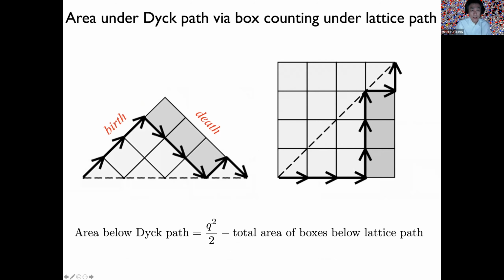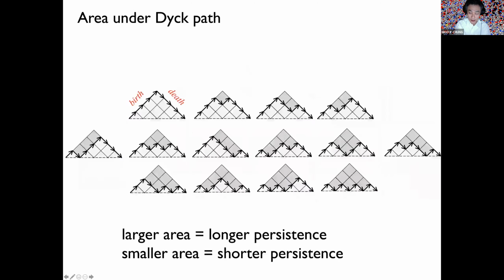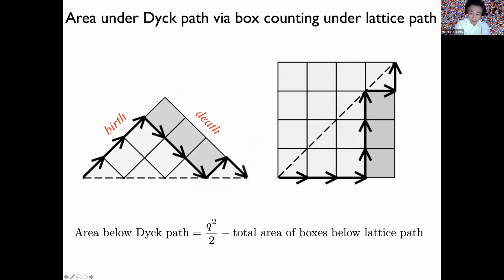So what's the area under the Dyck path? Well, look at the area under the Dyck path. Now I'm going to rotate this by 45 degrees and flip it. Then what do I get? This is called the lattice path, and this one has to be always monotone.